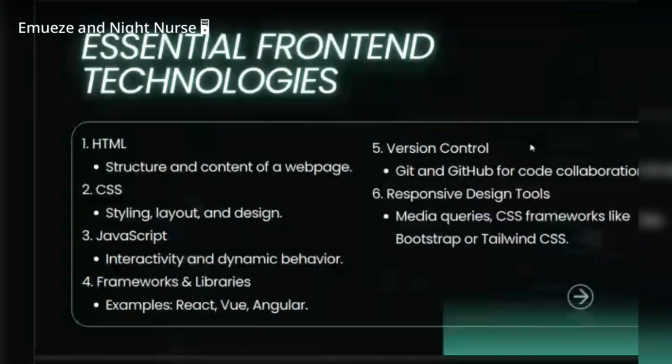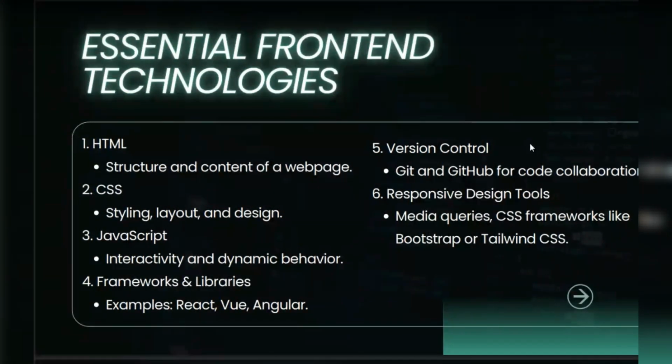Now, essential front-end technologies. For this program, we'll be looking at HTML. Take, for instance, you have a building. The walls of that building are known as the HTML, which is the structure and content of a web page. Ordinary HTML alone is more like plain text on the website.